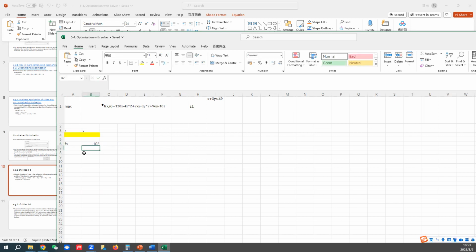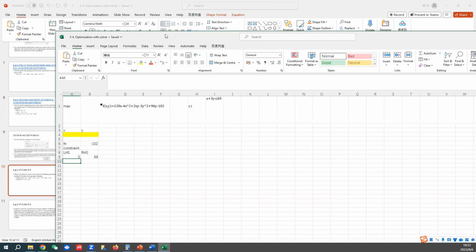We got this. Then we need to figure out the constraint, which is underneath. Here we have left-hand side and right-hand side. The right-hand side is just 96, and the left-hand side is the function 3 times x plus 3 times y. So x plus 3y.